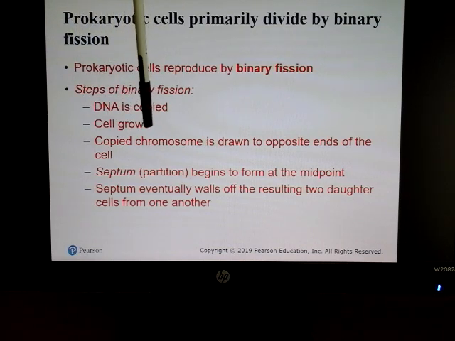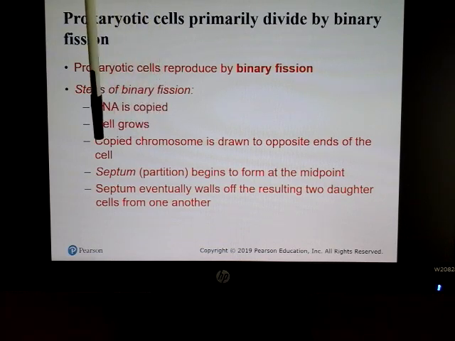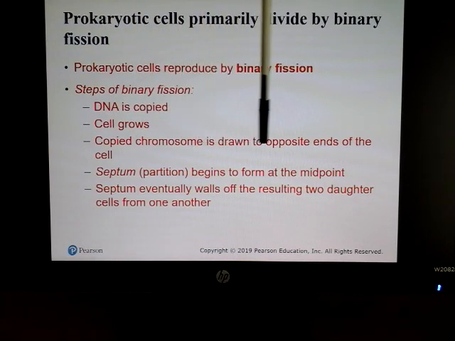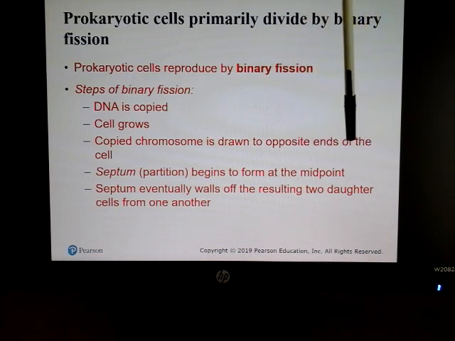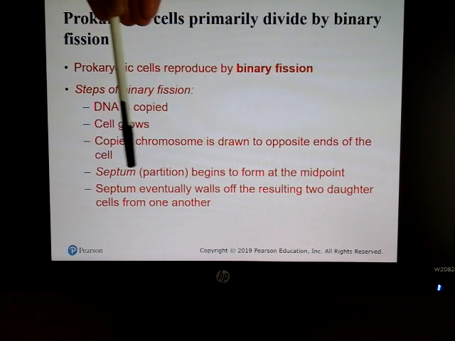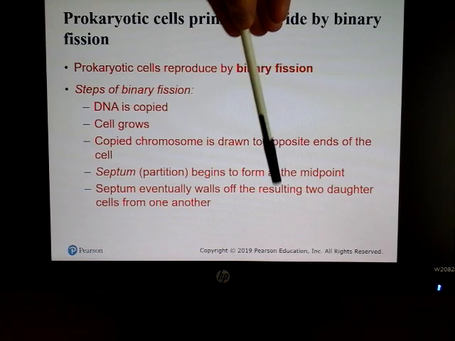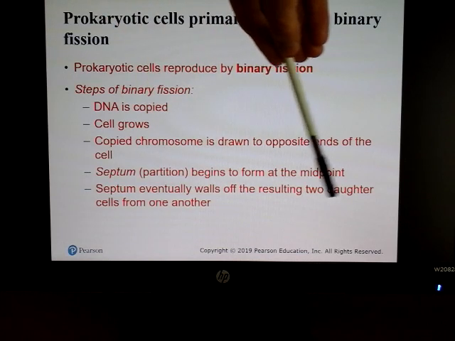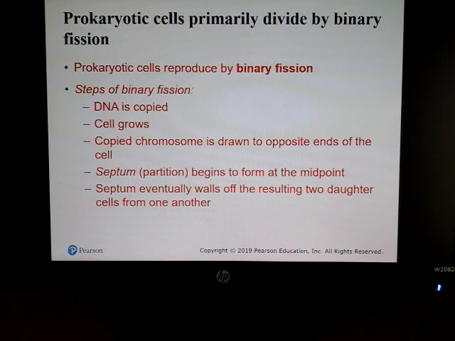When we talk about bacteria in particular, normally there's one chromosome and it's round. That copied chromosome is drawn to the opposite ends of the cell. Then a little partition called a septum starts to form, and eventually the two bacteria get walled off and separate from one another.